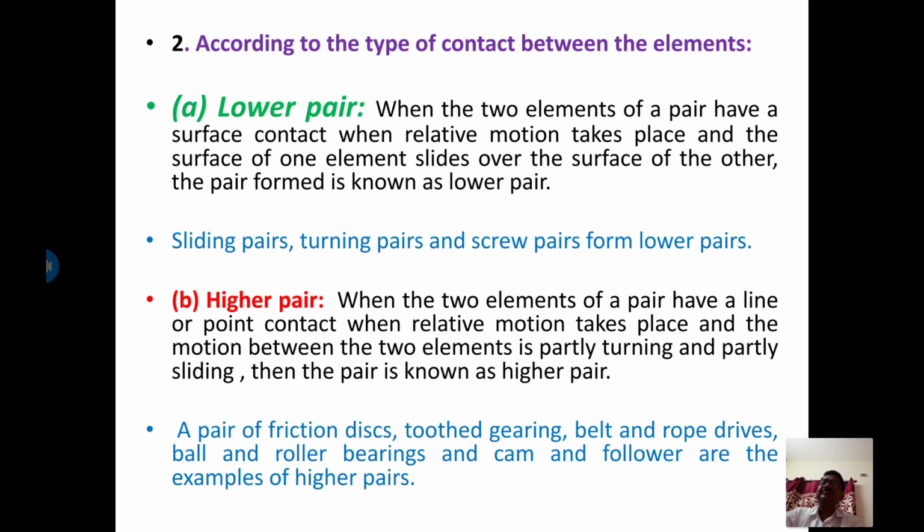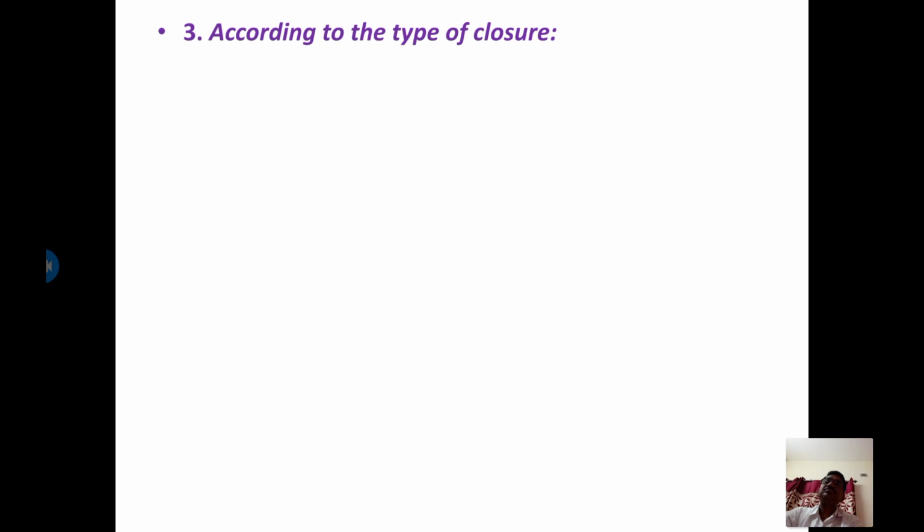Examples are a pair of friction discs, toothed gearing, belt and rope drives, ball and roller bearings, and cam and follower. These are some of the examples of higher pairs. This is another classification of kinematic pairs.